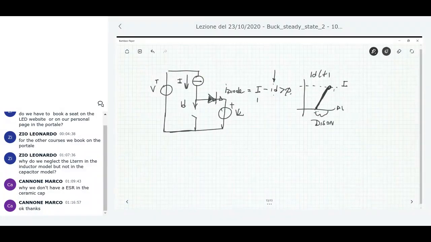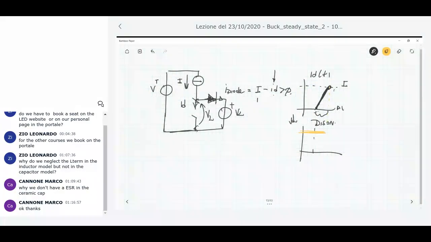And when the diode is on, the voltage VDS should be equal to V2. There is no way around it. The diode clamps the voltage across the MOSFET to be V2. So the voltage VDS is constant up to this point. Only when the current through the drain of the MOSFET reaches I, then I diode is 0 and the diode becomes off.